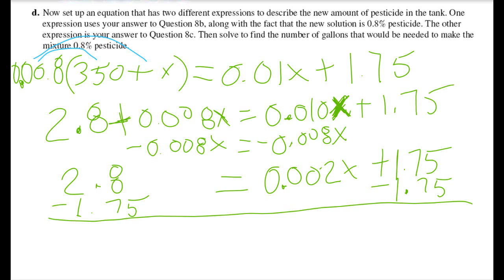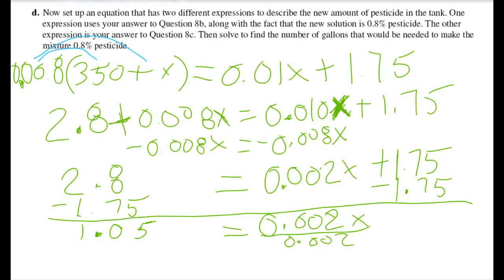And I get 1.05 equals 0.02x. To get x now, I divide both sides by 0.02, which is like multiplying by 1,000 and dividing by 2.